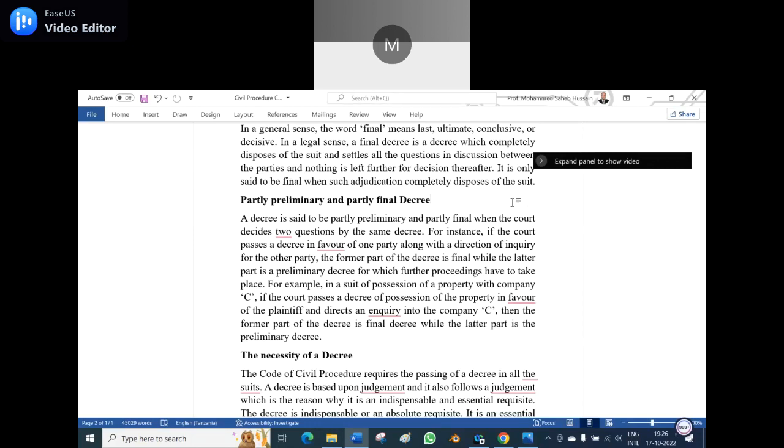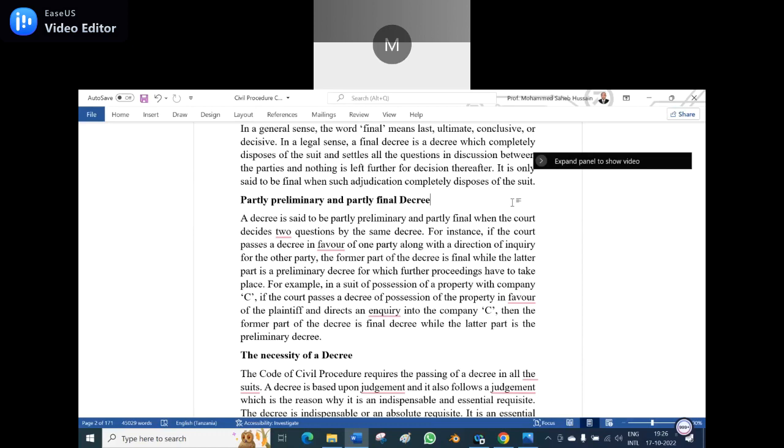That means it is partly preliminary and partly final. The former part of the decree is final, while the later part is preliminary. Final to the first party, but preliminary to the second party, because still the inquiry should be taken, for which further proceedings have to take place.